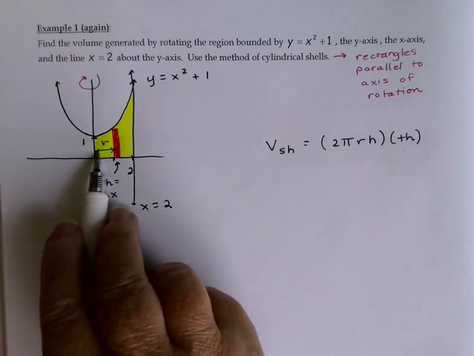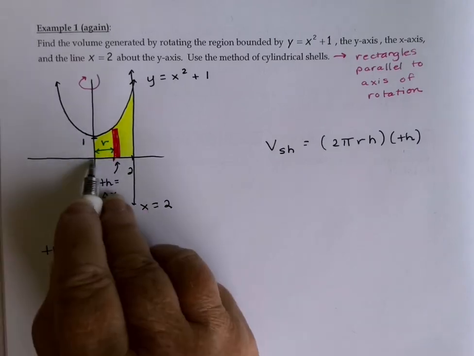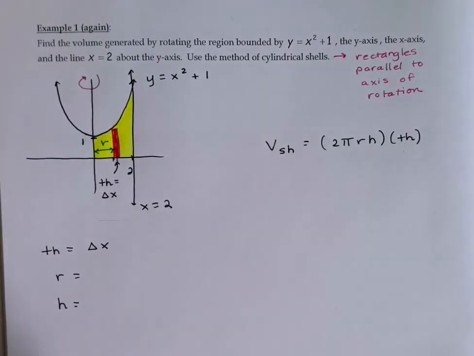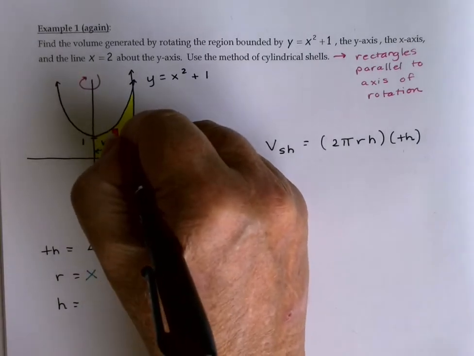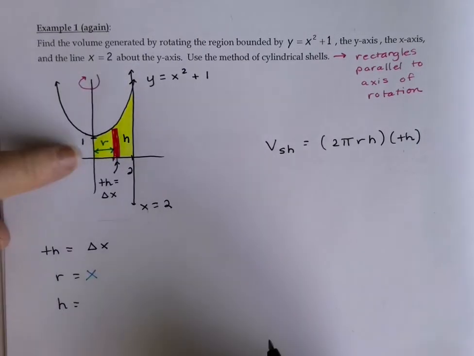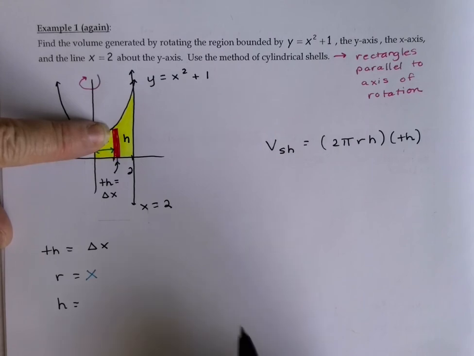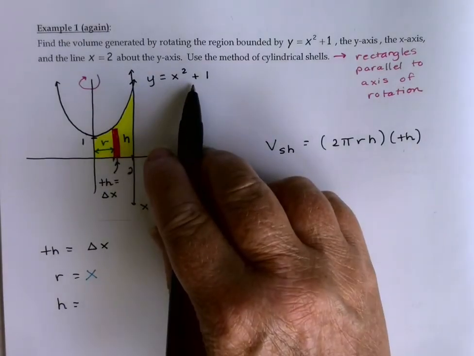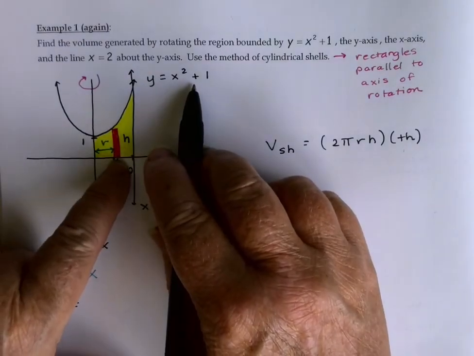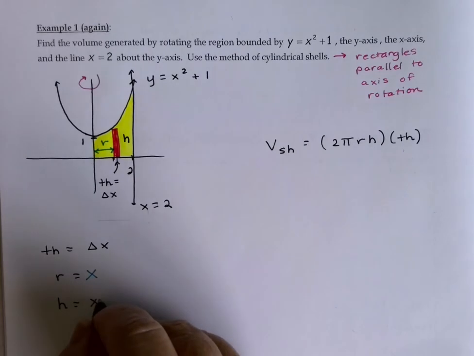So in this case, that radius goes from 0 to whatever x value I happen to be at here. My radius is just x. The height is going to be the height of the rectangle, which in this case would just be x squared plus 1. Technically, I'd be subtracting 0 on the bottom, so I won't bother writing it.